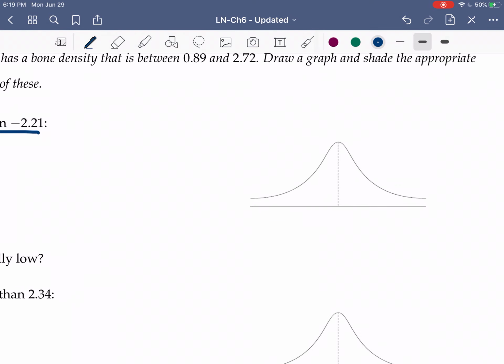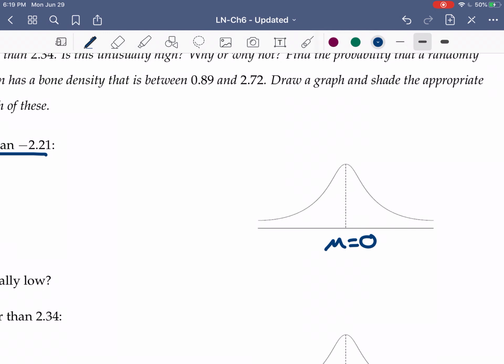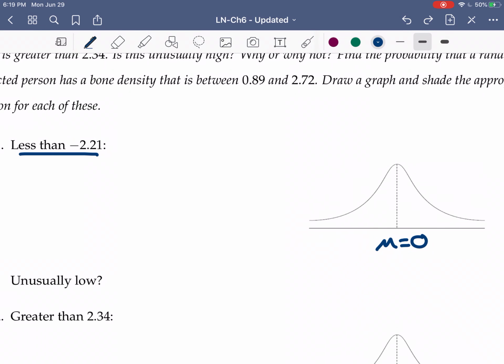So let's graph it. We know right there in the middle of our density curve, the mean is in the middle. Our mean is 0 here. We think about this x-axis, this horizontal axis, as being like a number line. And so if this number right here is 0, we want to identify where negative 2.21 is.